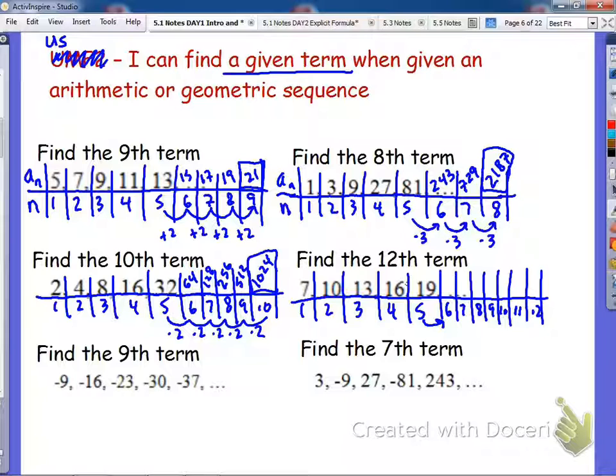Now, let me stop you right here. Is there anybody here that gets a little bit annoyed at, you got to take your calculator, type in 19, and then type plus 3, plus 3, plus 3, plus 3. Raise your hand if that annoys you after a little while. It's okay if it's 1 or 2, but if you got to do it 7 times, it kind of stinks. Yeah? Okay. You're right. You can hit plus 3, enter, enter, enter, enter. But still, you've got to press a bunch of times, and you have to count.